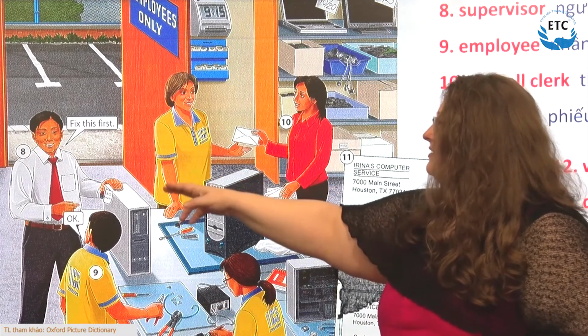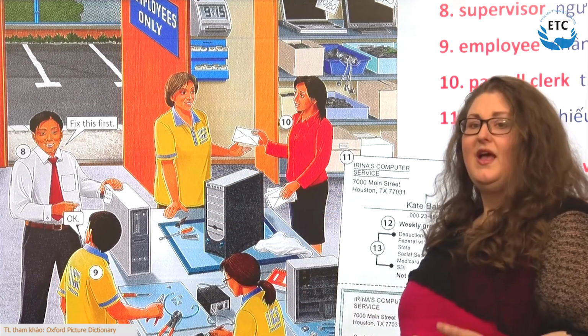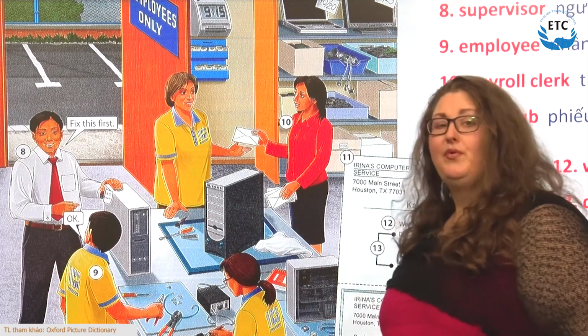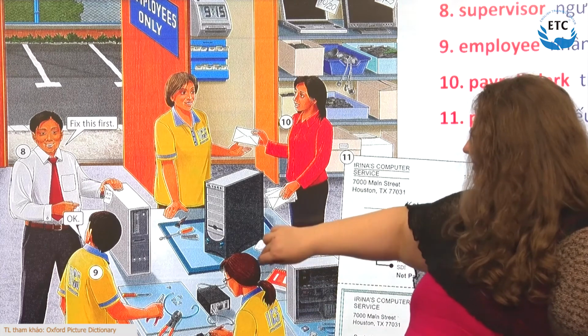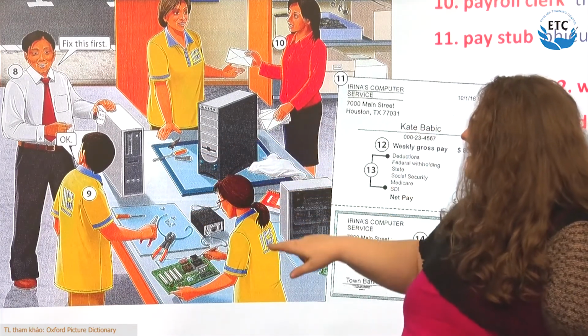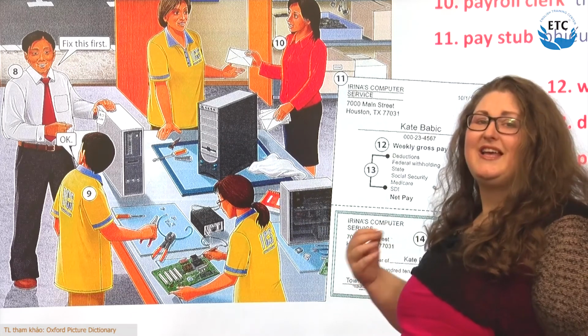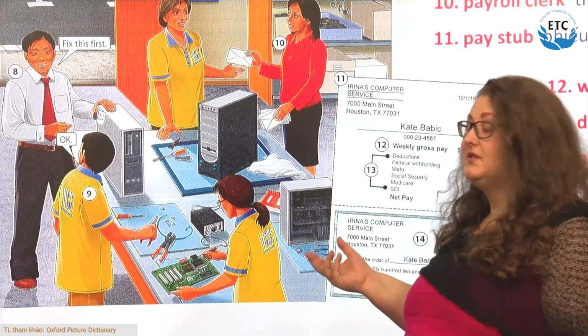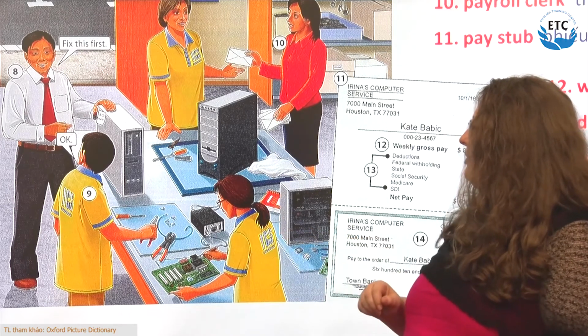He is asking this employee to make this CPU a priority, to fix it right now. You can see that they are fixing things right here. So these employees are technicians, computer technicians, fixing things like the CPU.